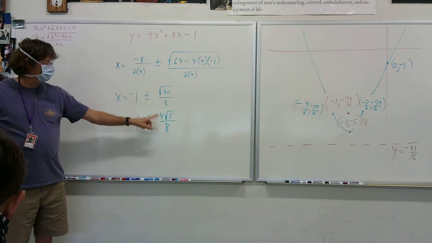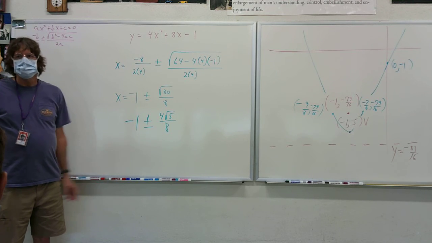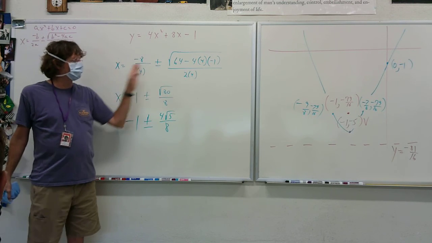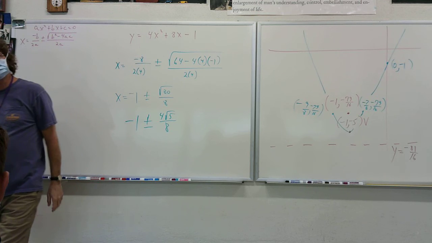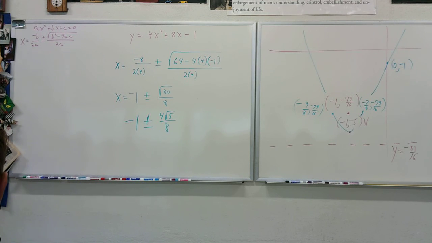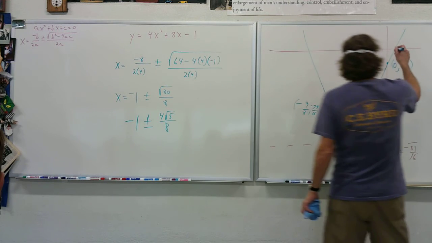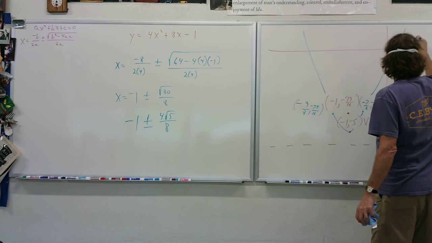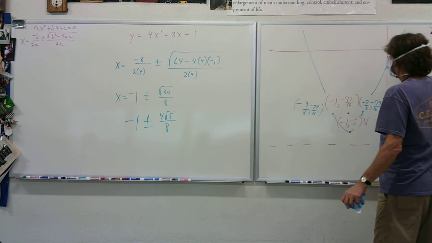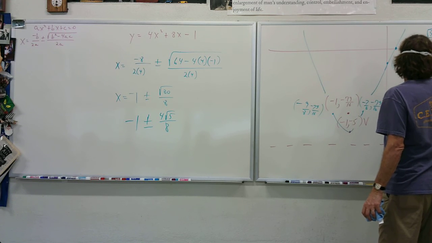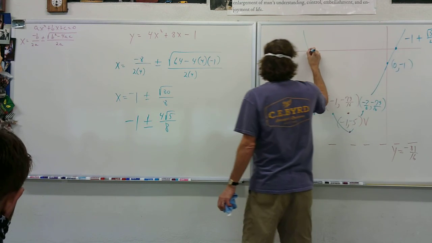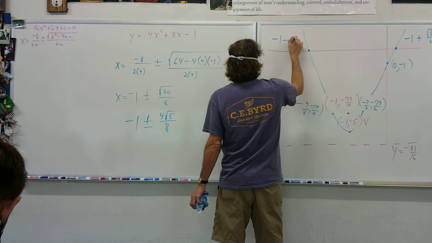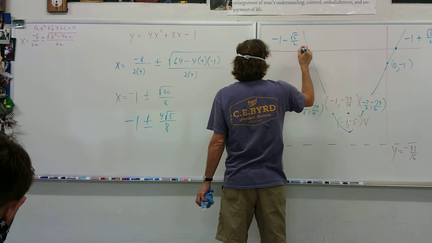And then what can we do? 4 over 8 gives you the 2. If you write it as 2 separate fractions like this, it'll always reduce a lot prettier. So this one over here has to be negative 1 plus square root of 5 over 2. And this one over here has to be negative 1 minus square root of 5 over 2.